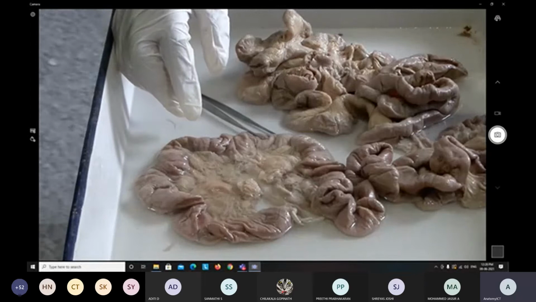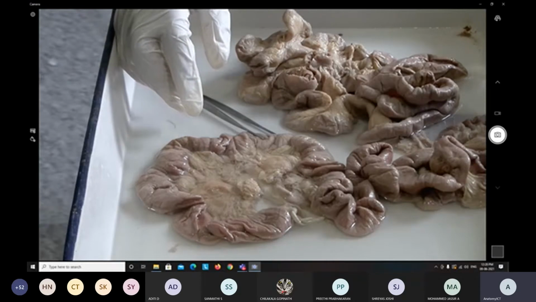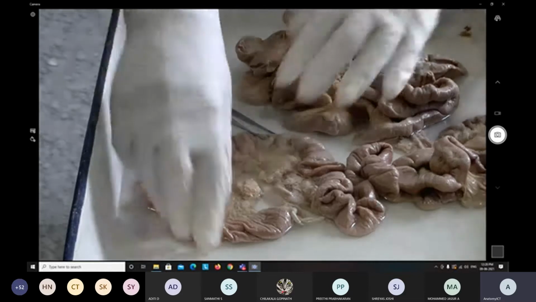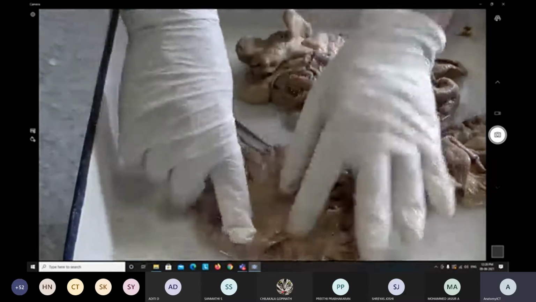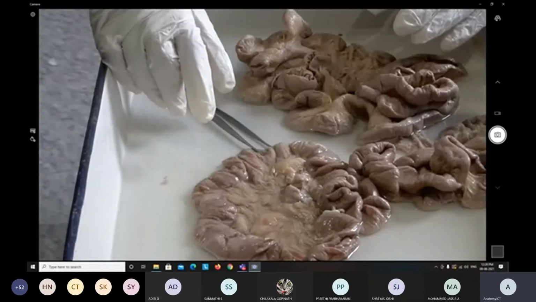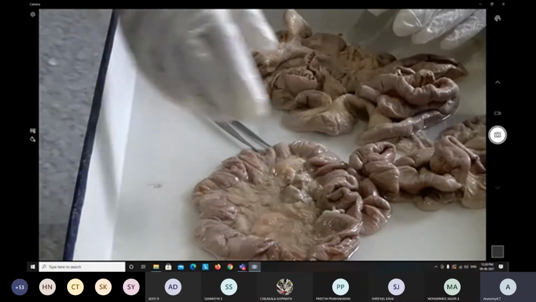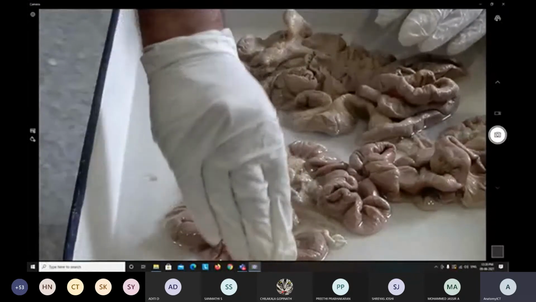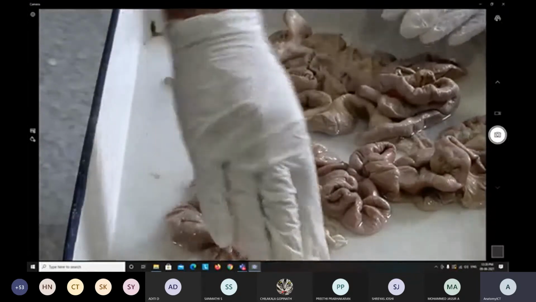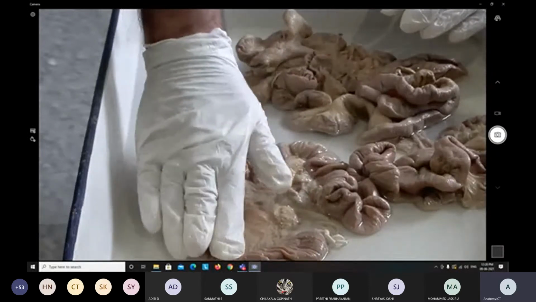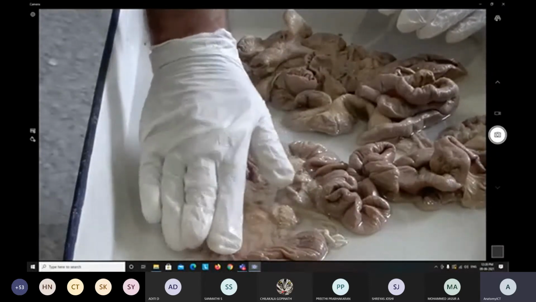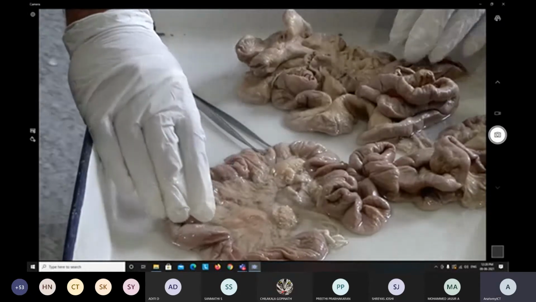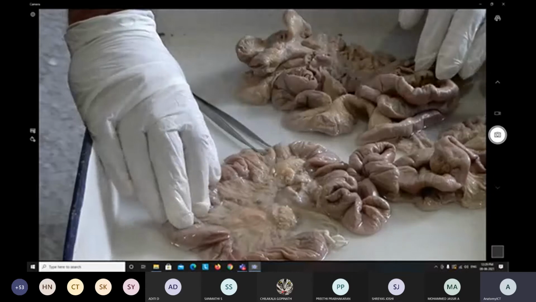So let us study the second part of the duodenum. The second part of the duodenum is almost 7.5 centimeters. The liver and gallbladder are not only the anterior relation of the first part; they extend below and become the anterior relation of the second part of the small intestine.